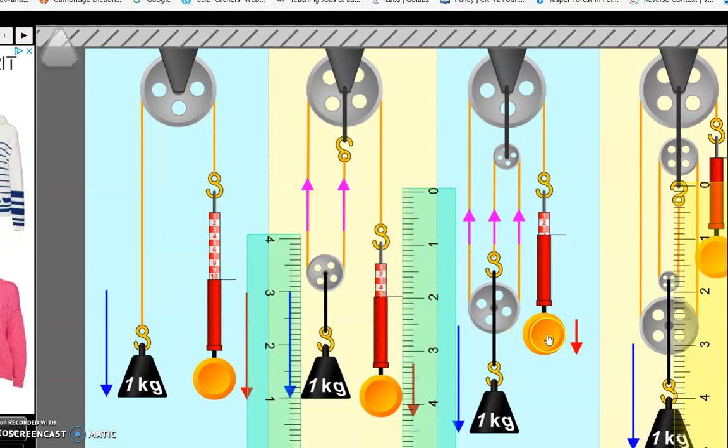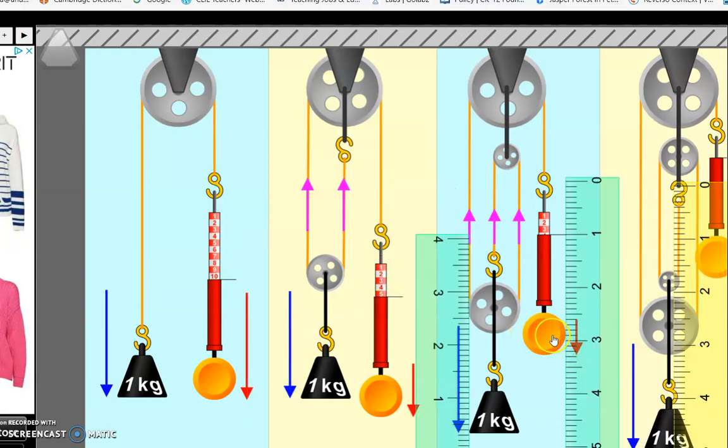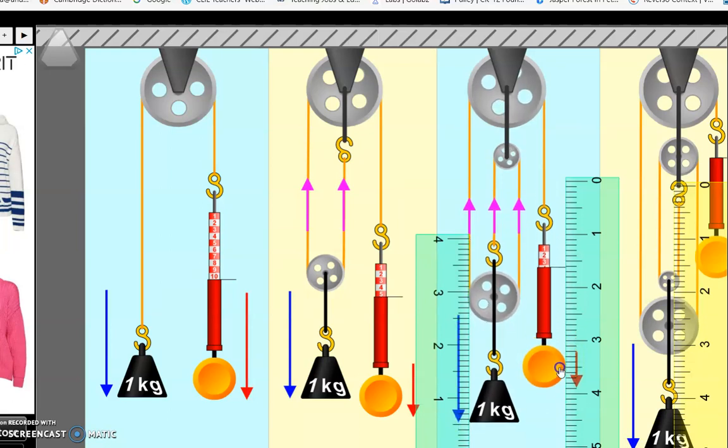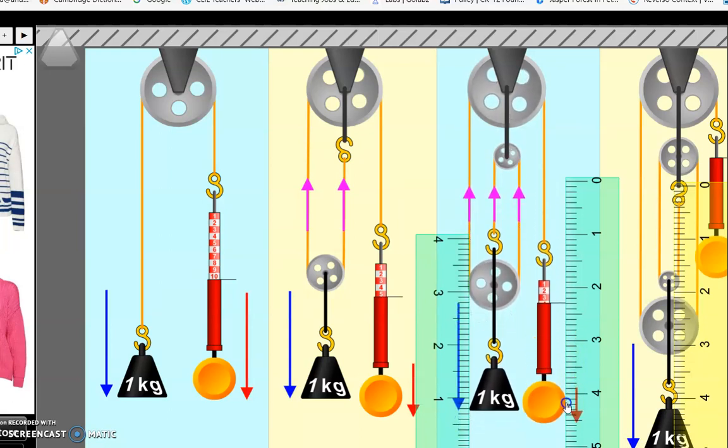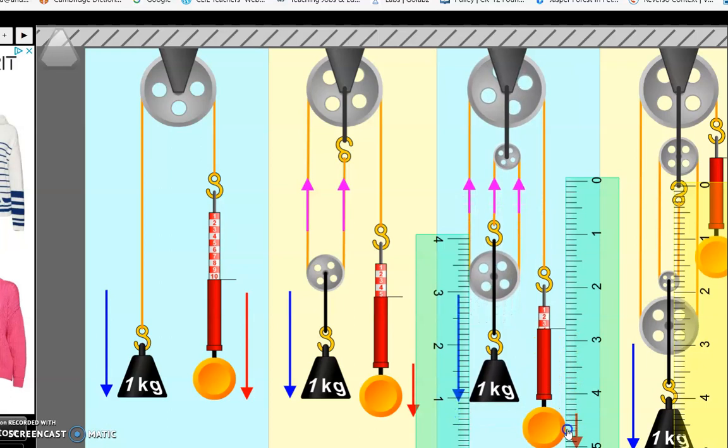And let's do this one too. I want it 1 centimeter off the ground. If it is 1 centimeter, I have to pull 3 centimeters.